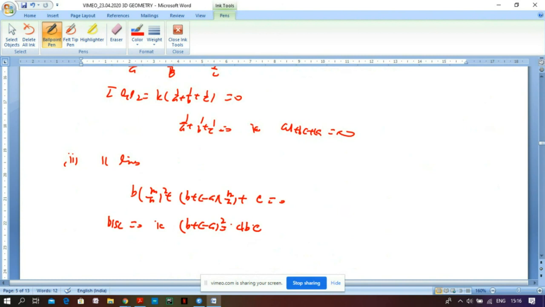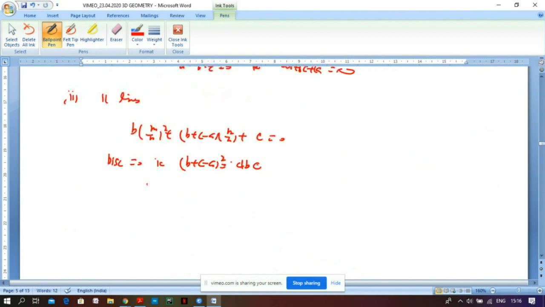That makes sense. So I can expand it like b plus c whole square minus 2a times b plus c plus a squared is 4bc, and b plus c squared is b squared plus c squared plus 2bc minus 2ab minus 2ac plus a squared is 4bc.